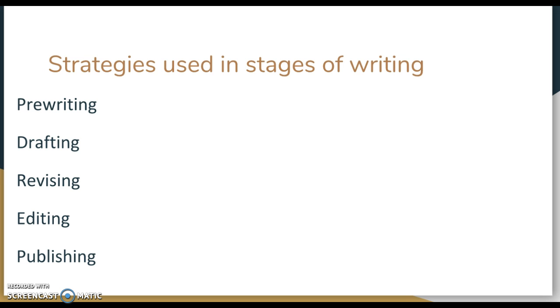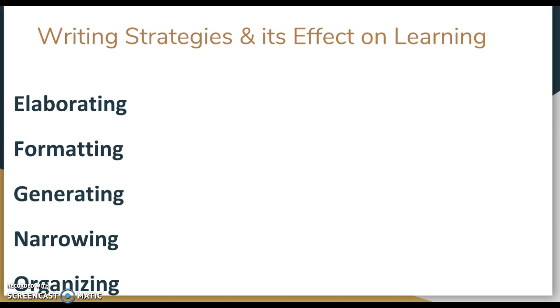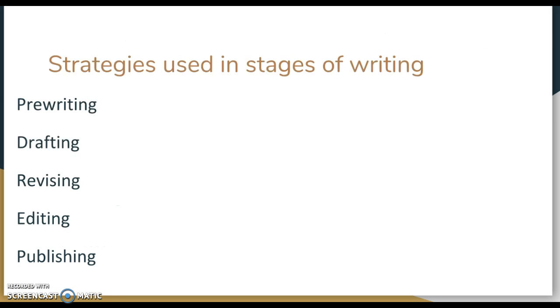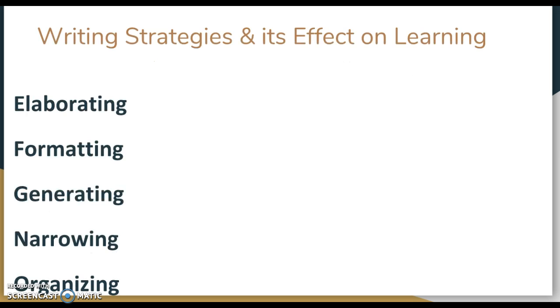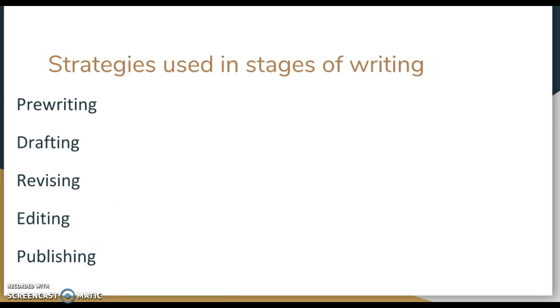So these strategies that I used before, that are right over here: elaborating, formatting, generating, narrowing, and organizing, these strategies are implemented within the stages of writing, and a lot of these strategies overlap. So pre-writing and drafting can overlap with elaborating and formatting. So it'll be really nice.